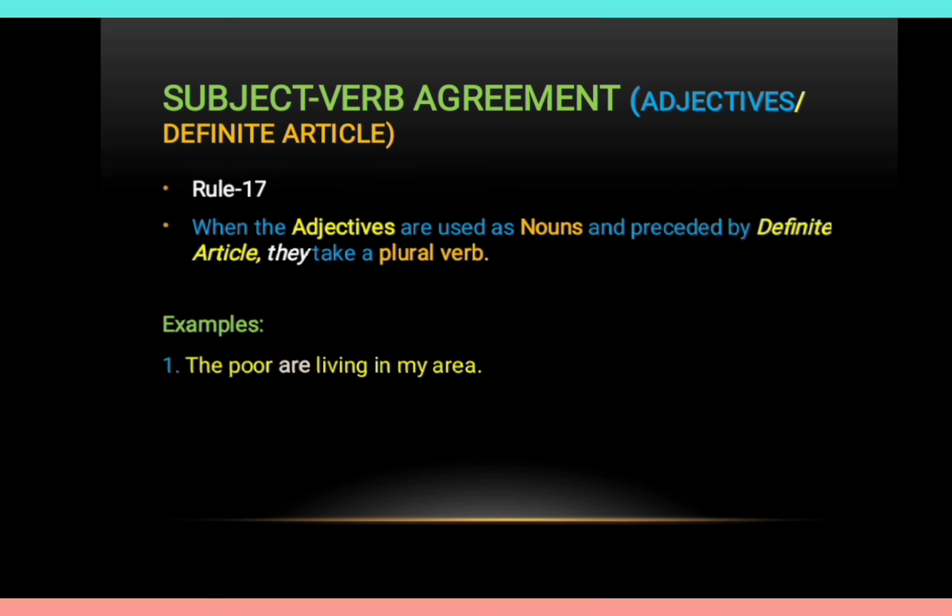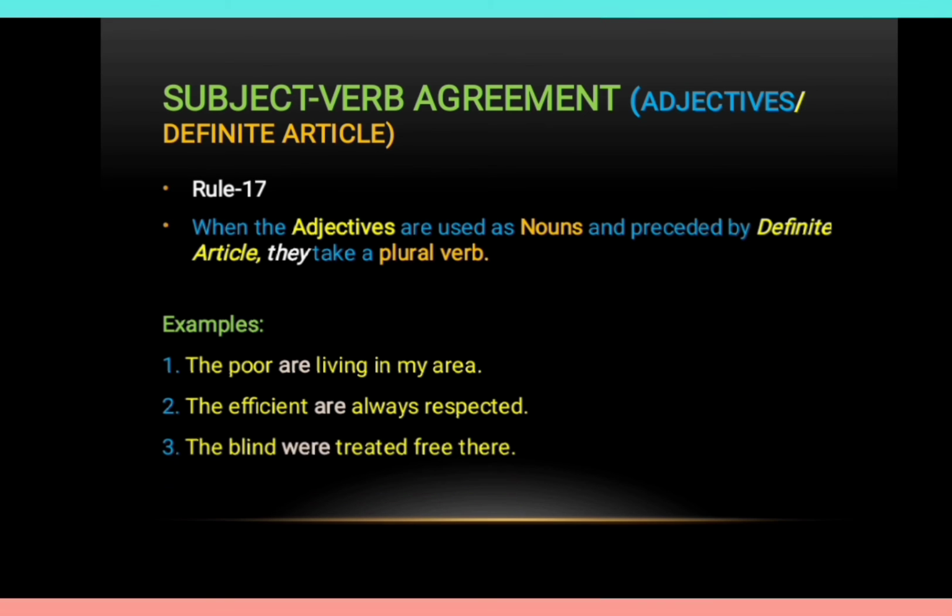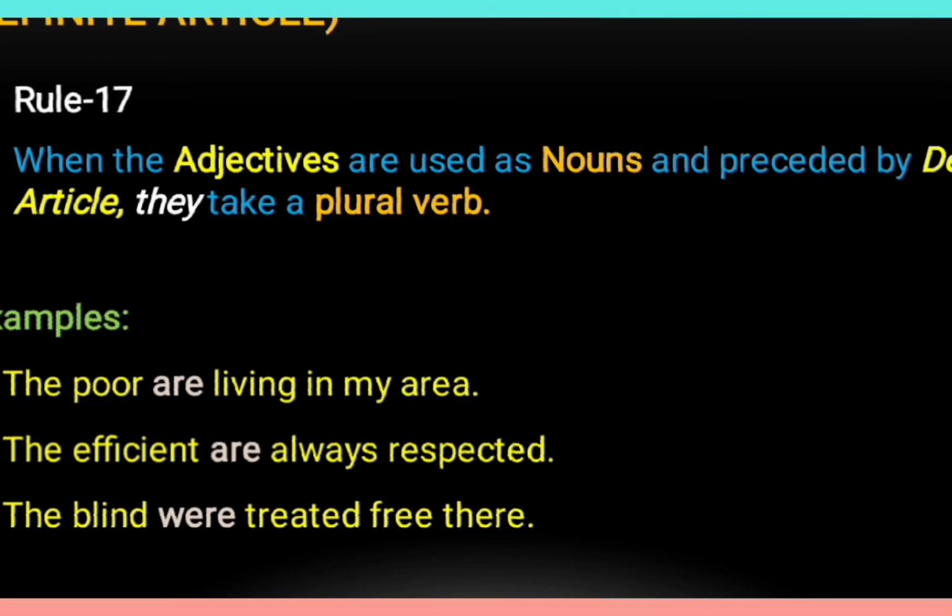Are is a plural verb. The efficient are always respected. The efficient is an adjective preceded by the definite article and takes a plural verb. And the third example: the blind were treated free there. These are very suitable examples of subject-verb agreement.